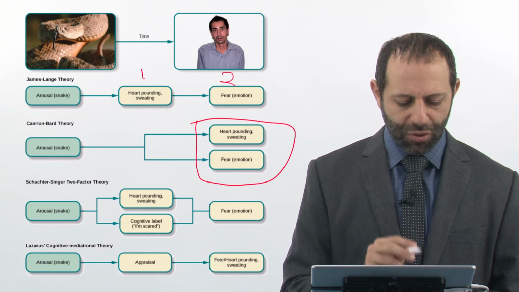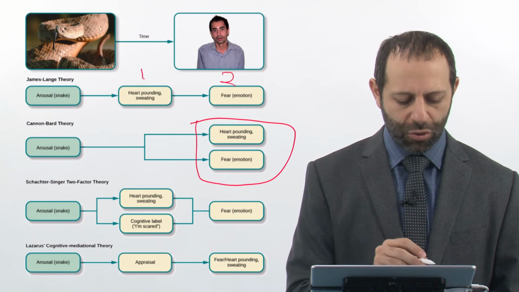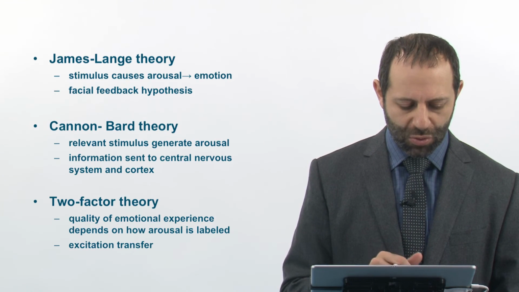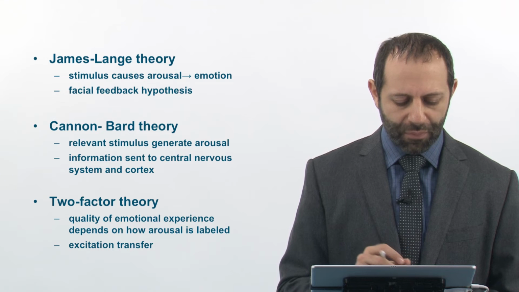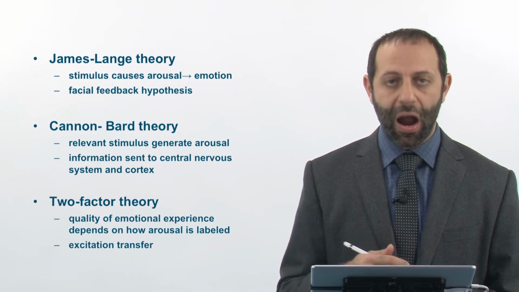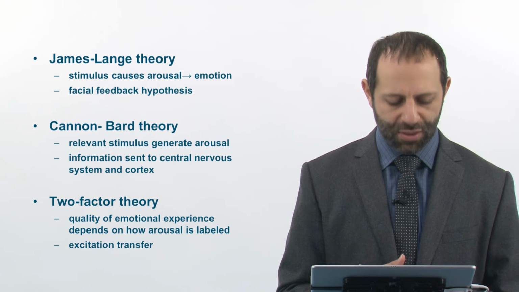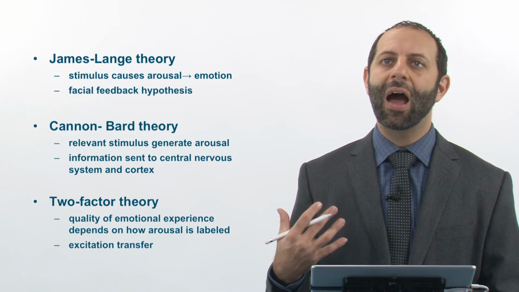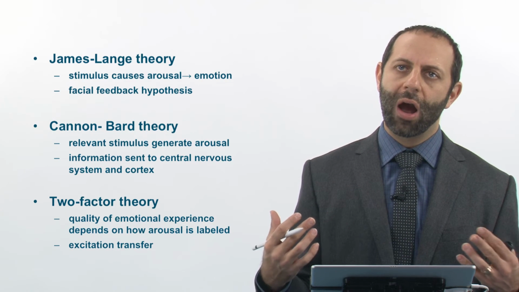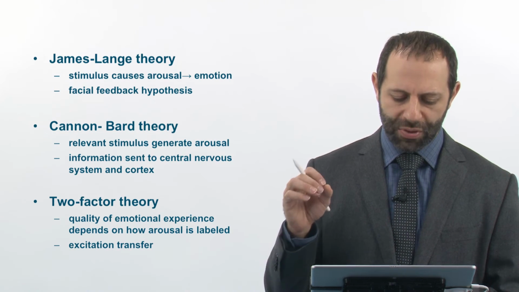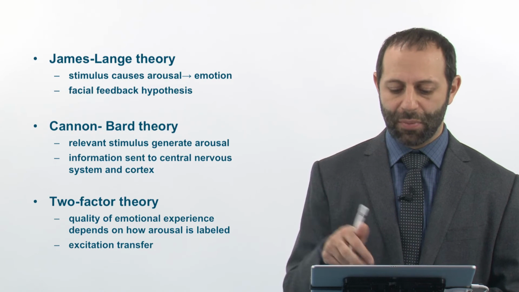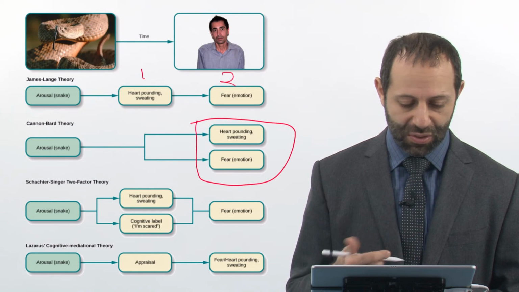Finally, we can talk about the two-factor theory. The two-factor theory, which was proposed by Schachter, states that the quality of our emotional experiences depends on how we label or appraise the particular arousal that I'm experiencing.